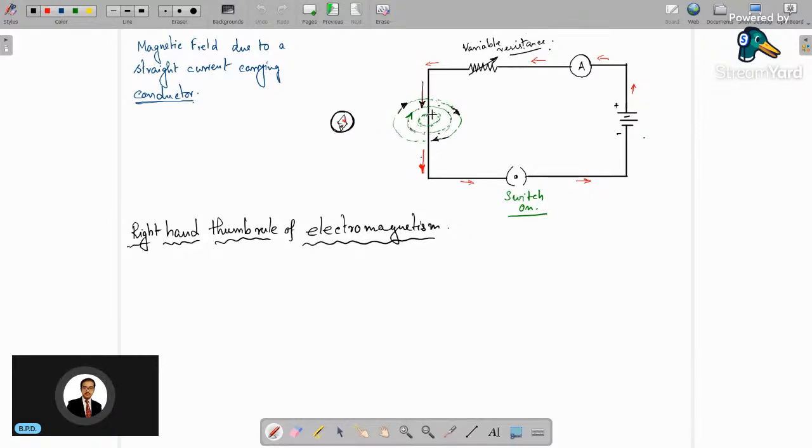Now to map that relation, we have to take help of the right hand thumb rule of electromagnetism, or it is called Maxwell's corkscrew rule.